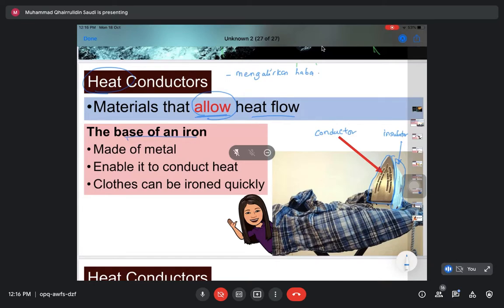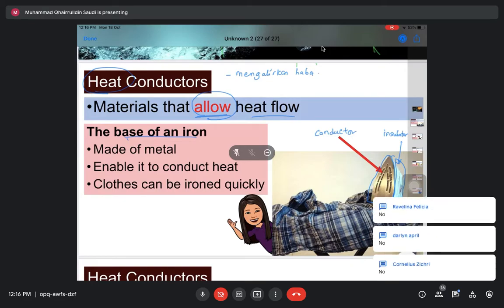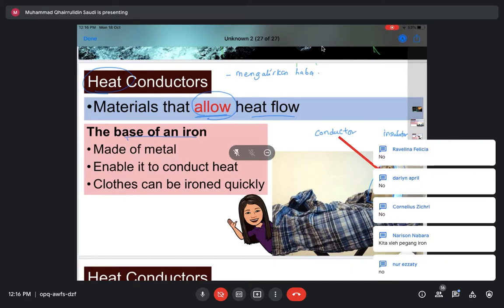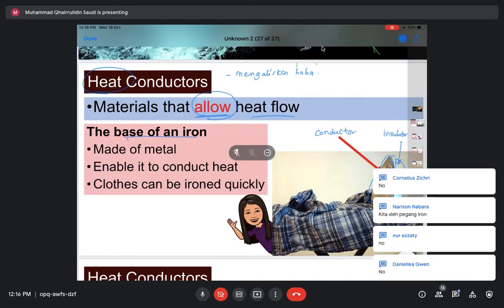Cuba bayangkan kalau iron awak semuanya conductor daripada base sampailah ke pemegang. What will happen? Apa jadi? Melecur. Can we use the iron or not? Cannot. We cannot use the iron sebab bila kita pegang pun masih panas.